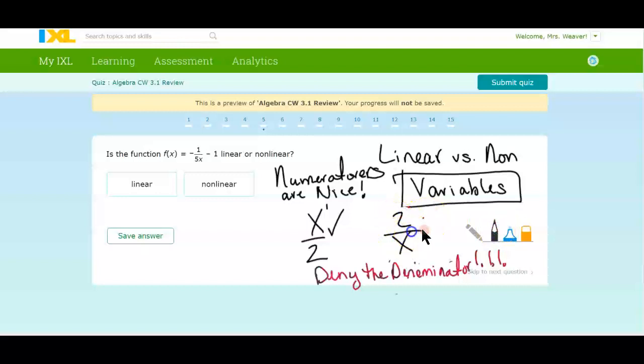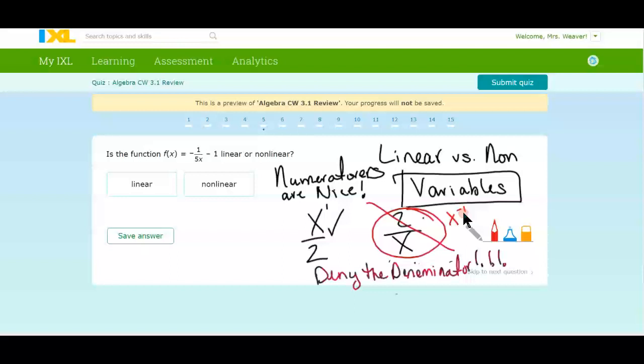2 over x with a circle, with a single cross. Okay, x in the denominator is non-linear, because x in the denominator technically means x to a negative power. And we'll learn that later. So it's a little bit of a pain that we teach this now.